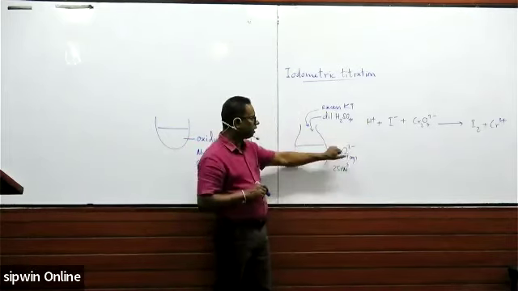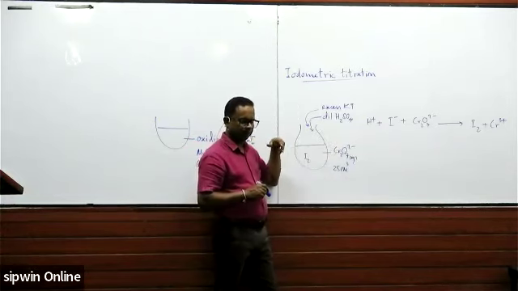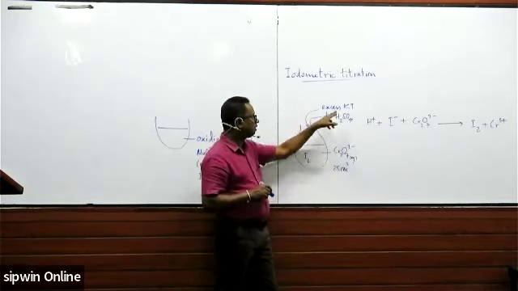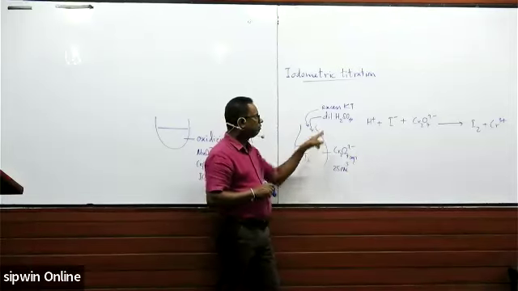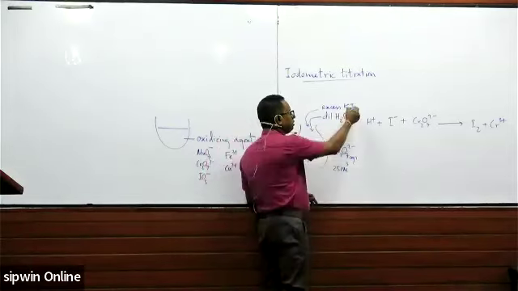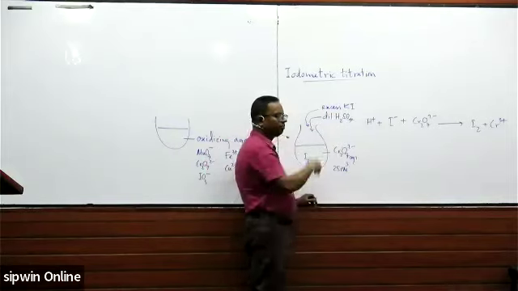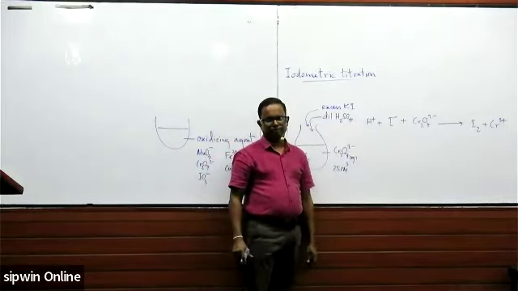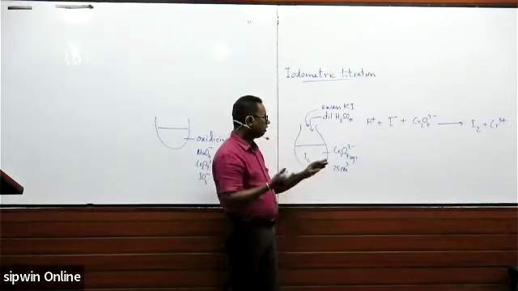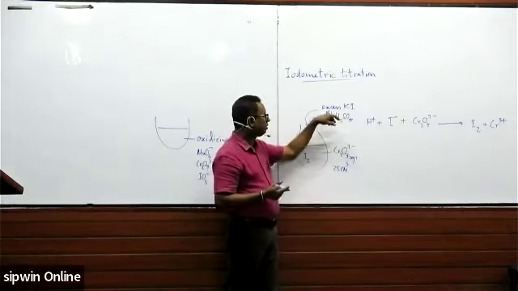If iodide is not enough, part of the dichromate will remain in the solution. So to confirm all the dichromate has reacted, we need excess KI.